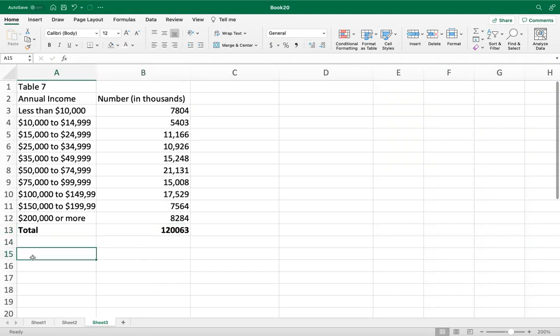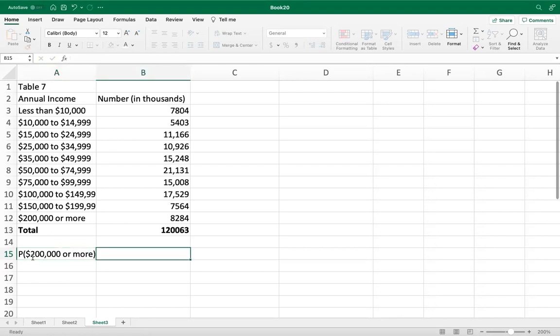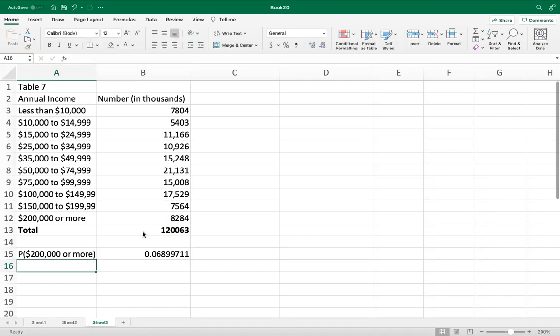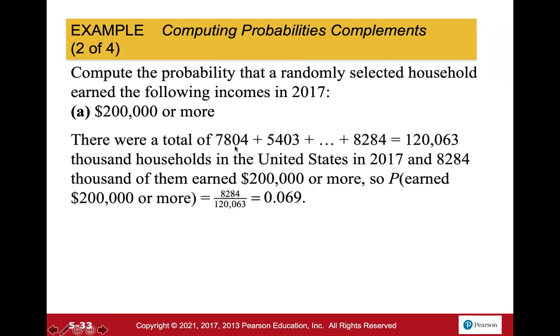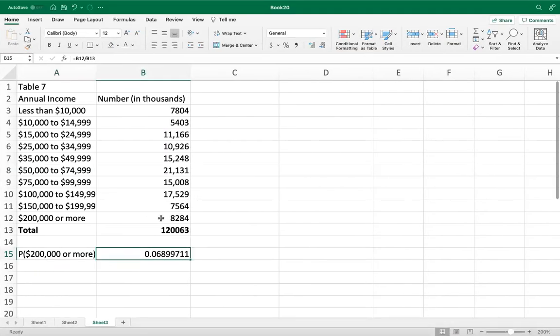And now we're looking at the probability of 200,000 or more, so equal to this value: the number of 200,000 divided by the total. And that's how we got this value right here, and that answers this very first question. So total 7804.